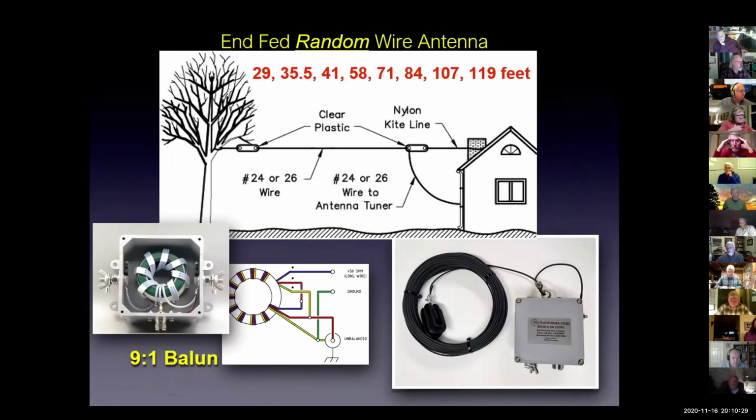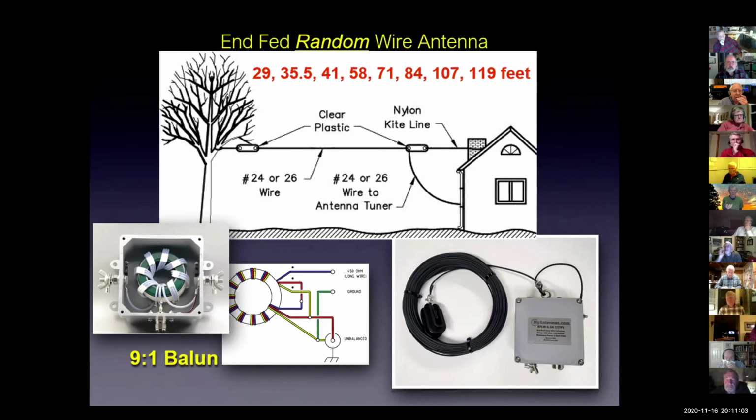That is, as Bob was describing earlier, as you move down that piece of wire, the impedance changes. And the result is that if you use a 9-to-1 balun and an antenna tuner, which a lot of the newer radios nowadays have, you can make this antenna play on a lot of different bands, dependent upon the length of wire that you put up.